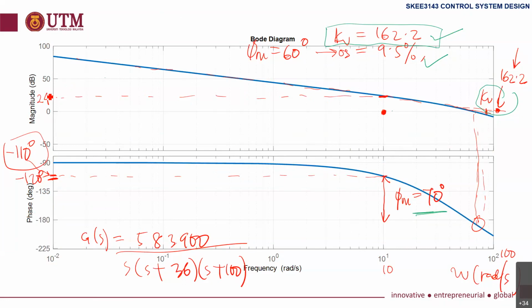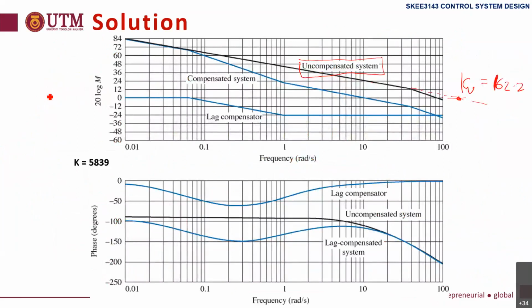You can also check here, it is about 24 dB, when it is minus 110 degrees. It is shown here: minus 110 degrees, 24 dB.